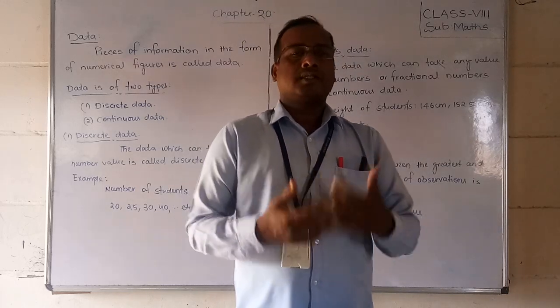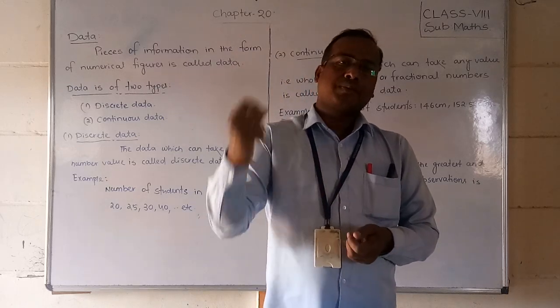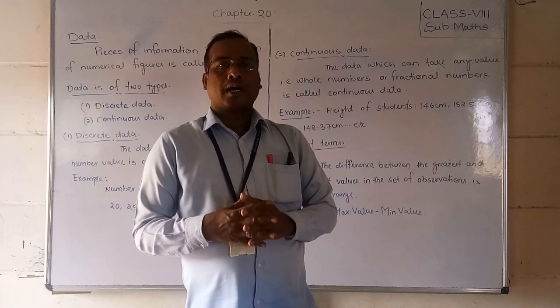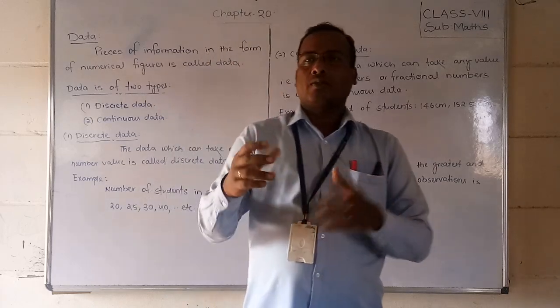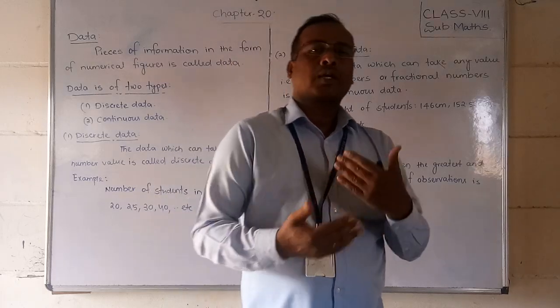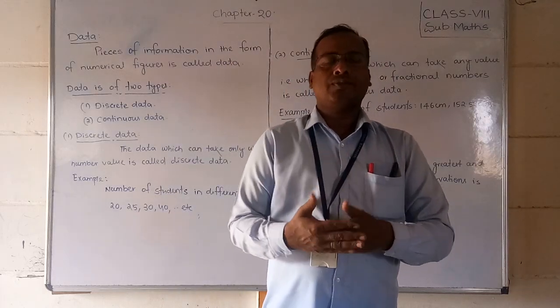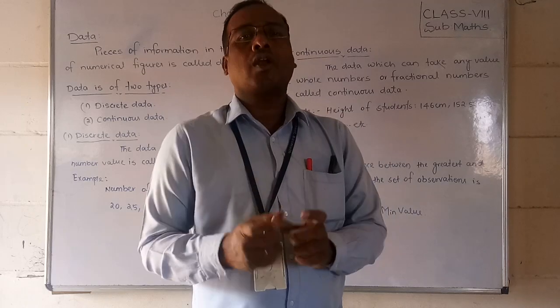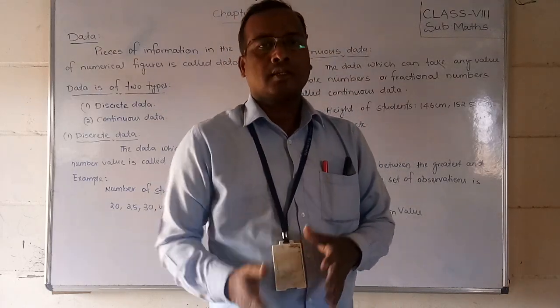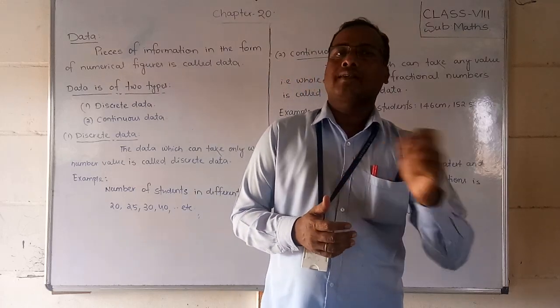Discrete data means the data can represent only whole numbers. Students, remember very carefully: when we write the data in ascending order and see that the data are only whole numbers, that means 0, 1, 2, 3 like that, then the data is called discrete data.